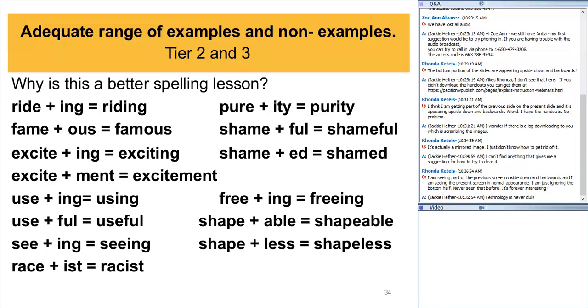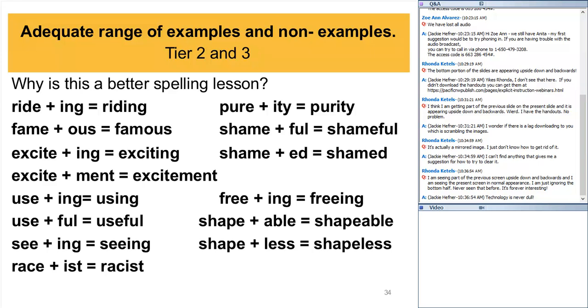So we have a big range of endings that are being added. Then we also have non-examples. We have ones where you don't drop the E at the end, either because it isn't a vowel consonant E at the end, or because the ending does not begin with a vowel.